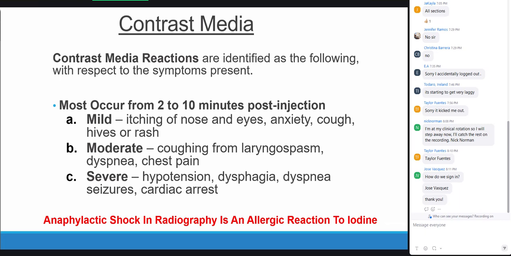A moderate reaction, we have coughing from a laryngospasm and could be accompanied with dyspnea and some chest pain. Severe reactions include hypotension, dysphagia, dyspnea, seizures, and cardiac arrest. And an anaphylactic shock in the radiography department is an allergic reaction to iodine in most cases.